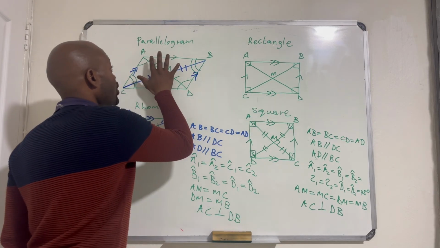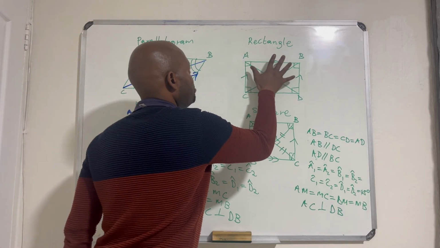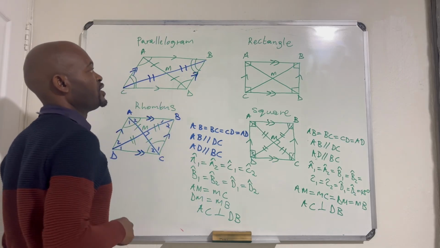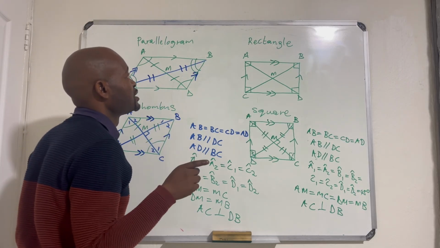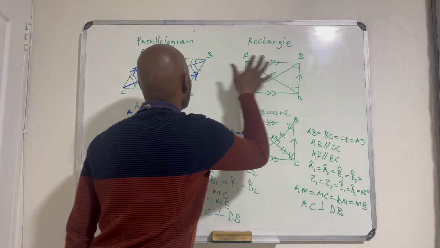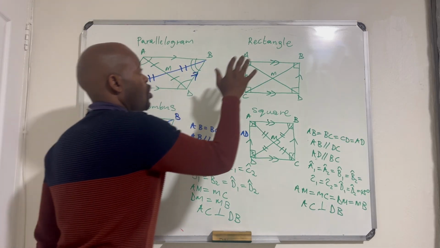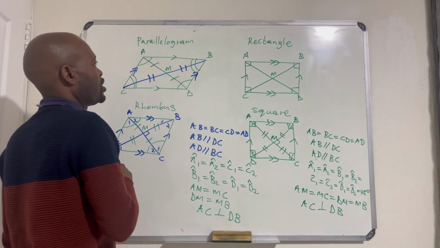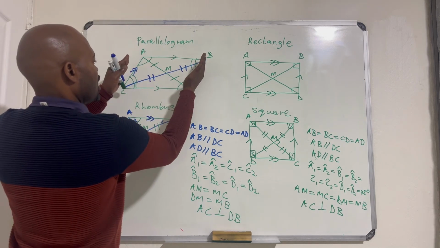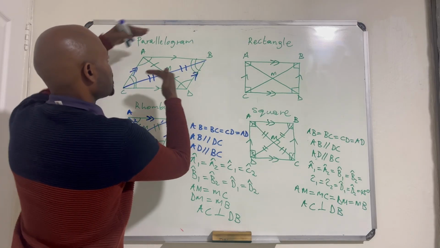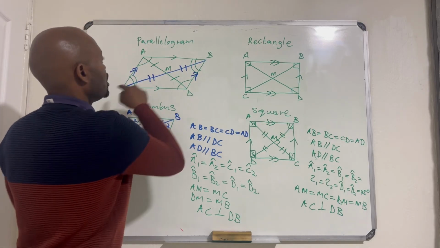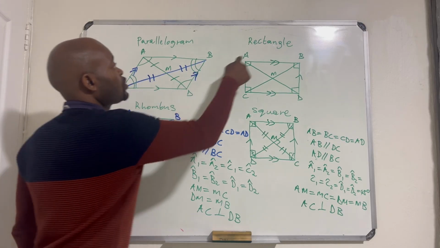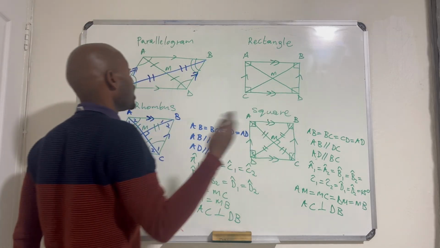Therefore, a parallelogram can never be a rectangle because it can never have 90 degree angles. But a rectangle is a parallelogram because all the properties of a parallelogram are there in a rectangle: opposite sides are parallel, opposite sides are equal, diagonals bisect each other, and opposite angles are equal.